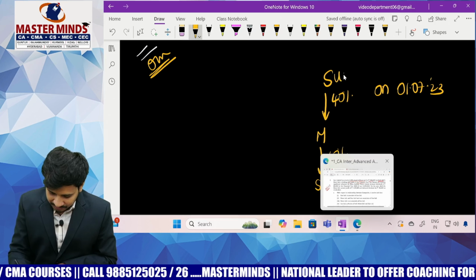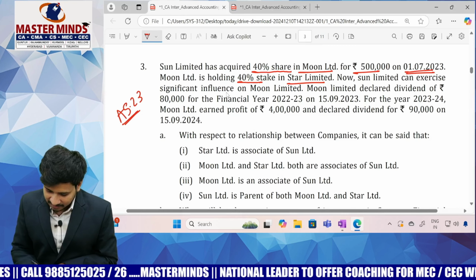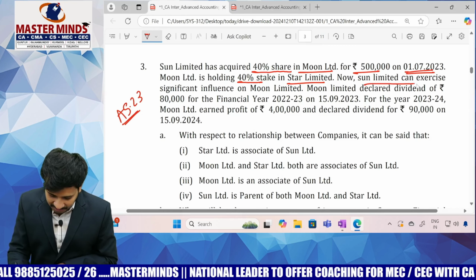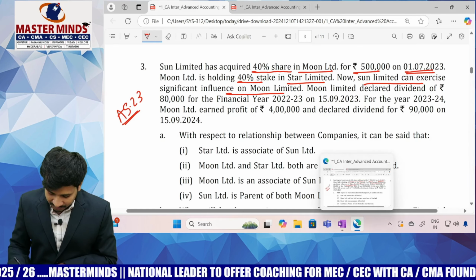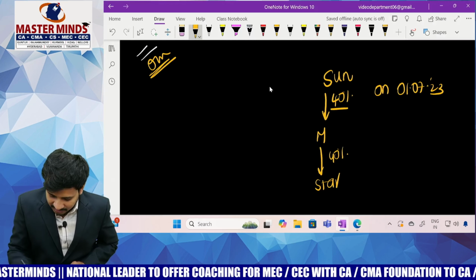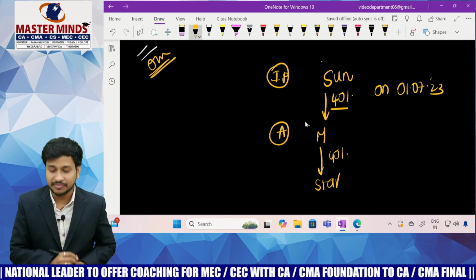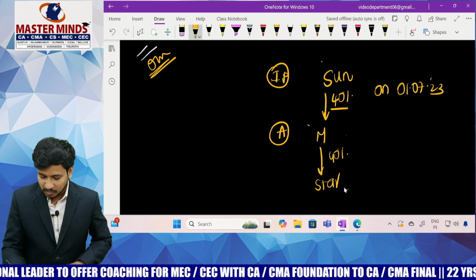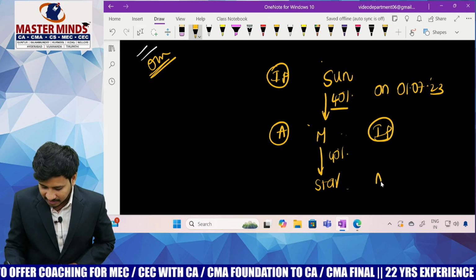Sun is having in Moon and Moon is having in Star. Now, Sun Limited can exercise significant influence on Moon Limited. If you observe here, Sun is the investing party and Moon is the associate. Coming to Moon and Star, Moon is the investing party and Star is the associate.